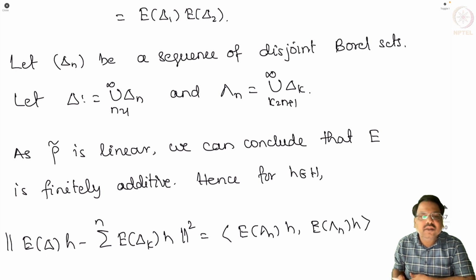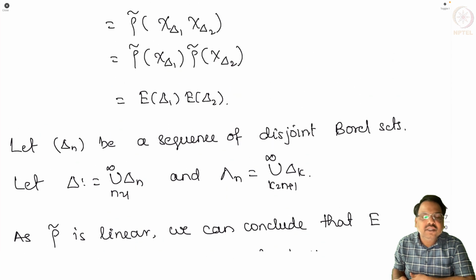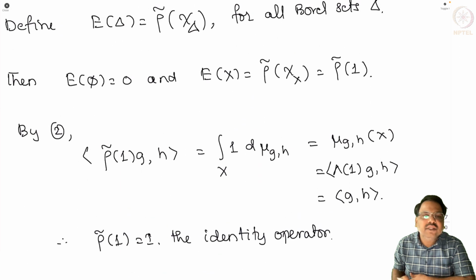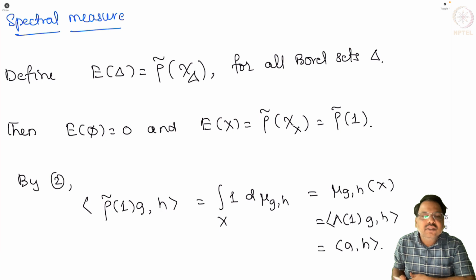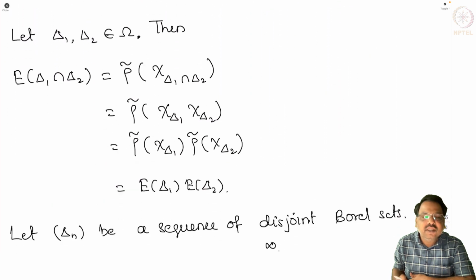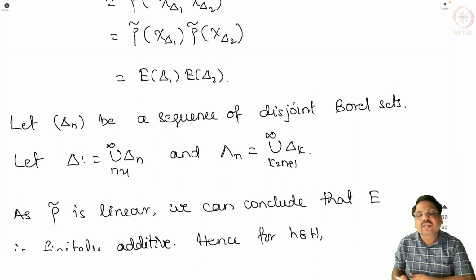For example, if delta 1 intersection delta 2 is empty, then E of delta 1 union delta 2 by definition is rho tilde of chi of delta 1 union delta 2, but chi of delta 1 union delta 2 is nothing but chi of delta 1 plus chi of delta 2. Now using the fact that rho tilde is linear, that is rho tilde of chi of delta 1 plus rho tilde of chi of delta 2. From that we can show that E of delta is E delta 1 plus E delta 2. So that can be applied for finitely many disjoint sets.